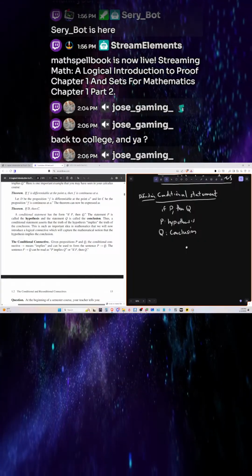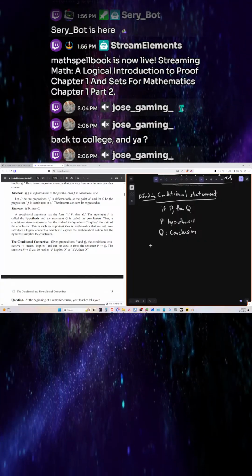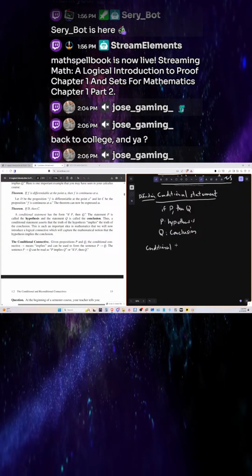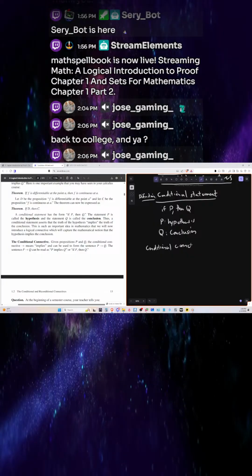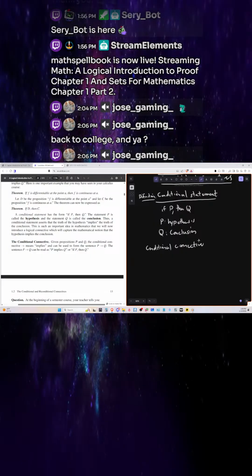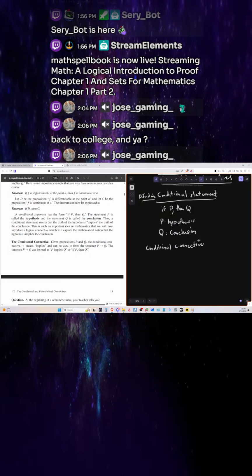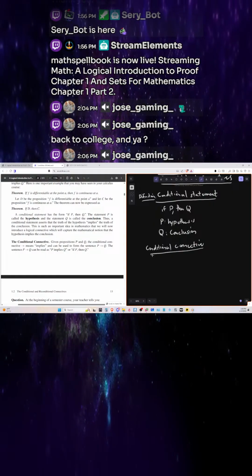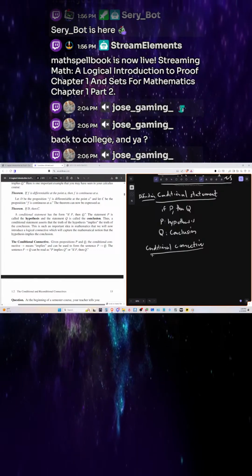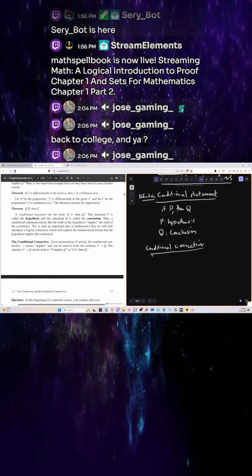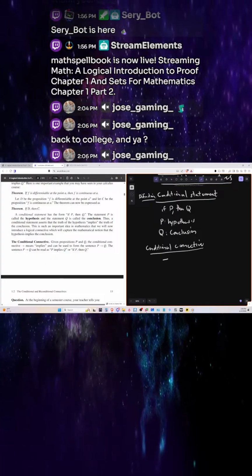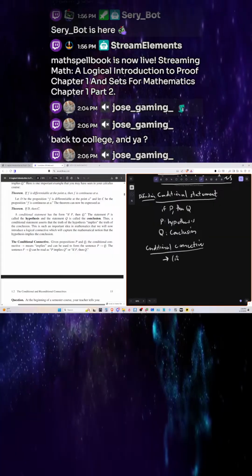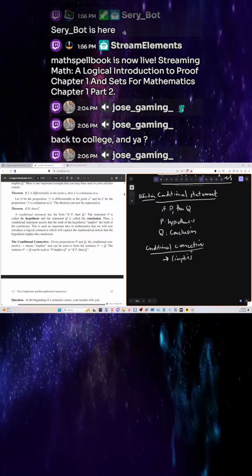Conditional connective, okay. Given a proposition P and Q, the conditional connective, oh okay, so it's just this symbol. Implies.